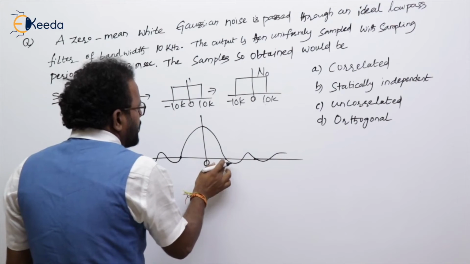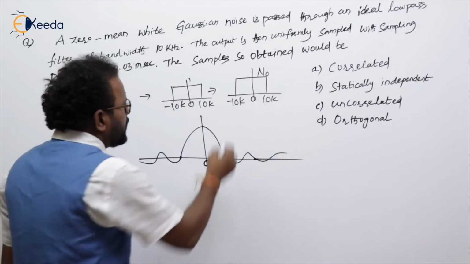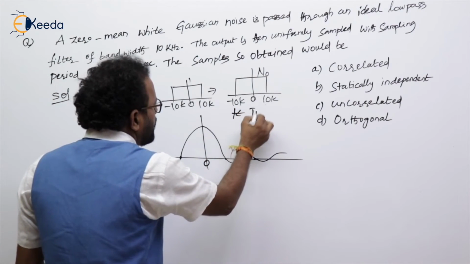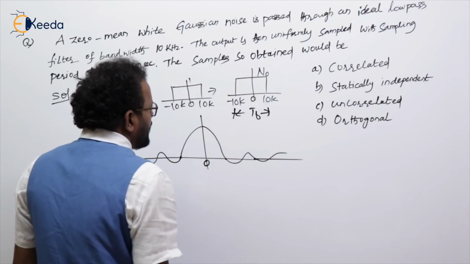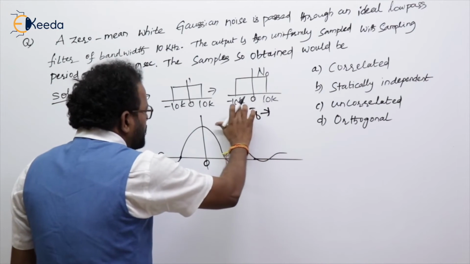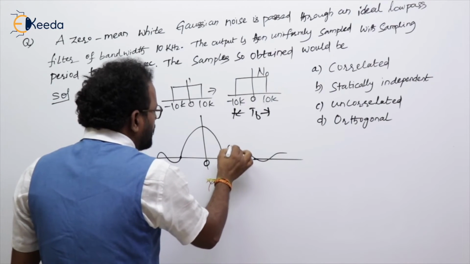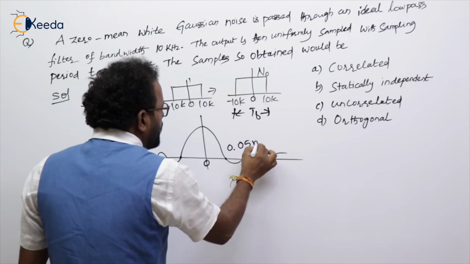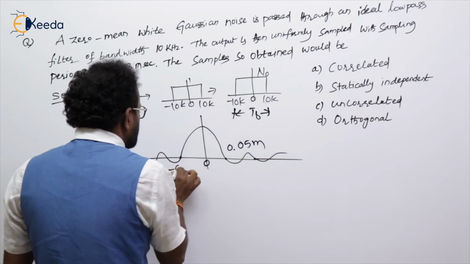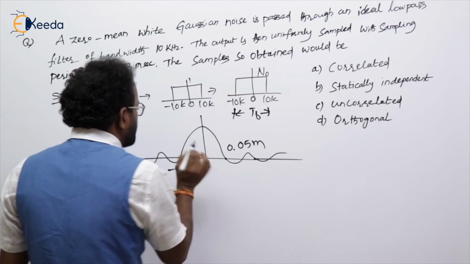The first zero is at minus 1 by TB, where the total period is TB. So this value is nothing but 0.05 millisecond, and this is minus 0.05 millisecond.